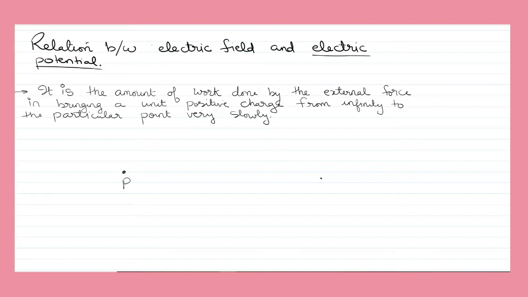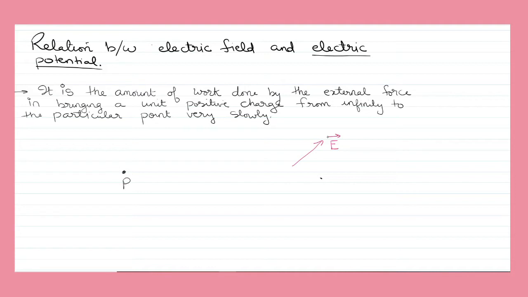So whatever work I will do in bringing this charge, that work will be equal to the potential of this point. And in this whole region, there is some electric field, suppose which is given by E. This E may be constant or it may also be variable.